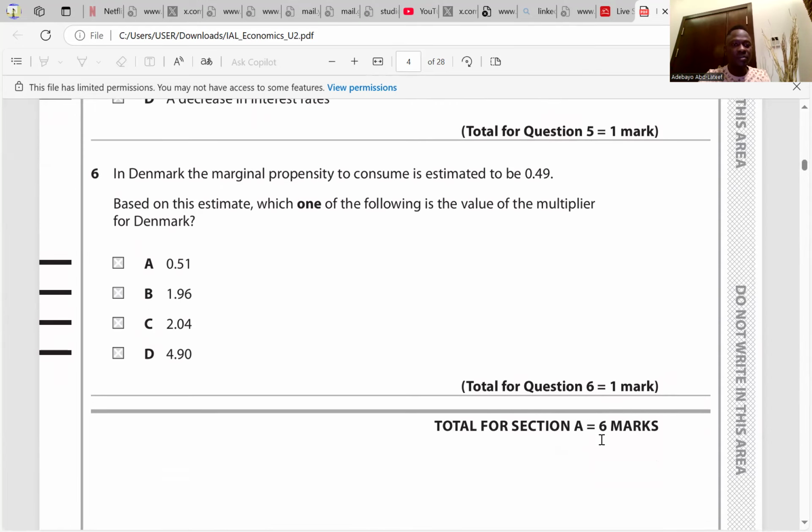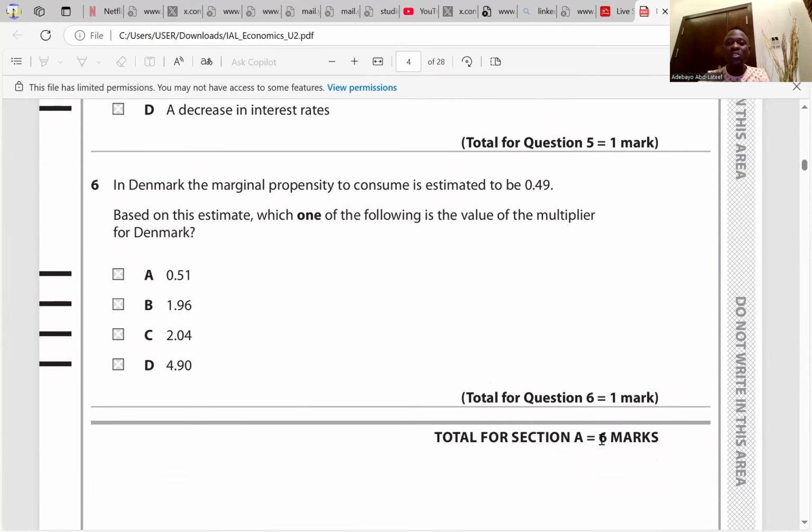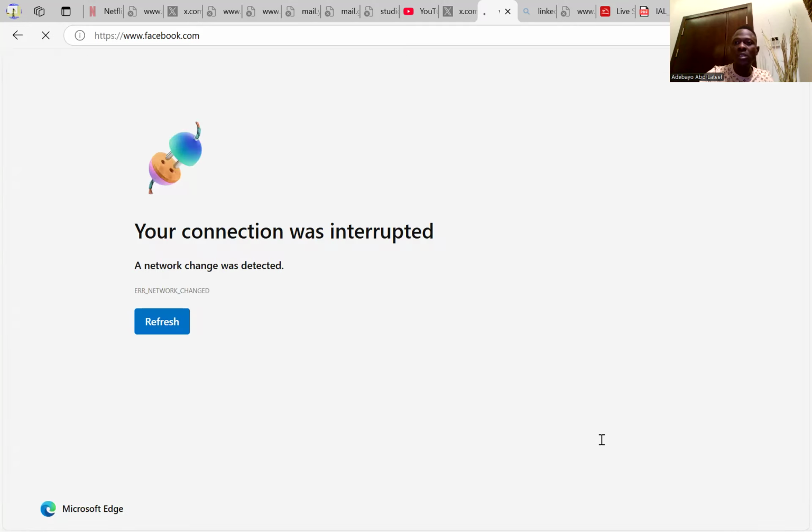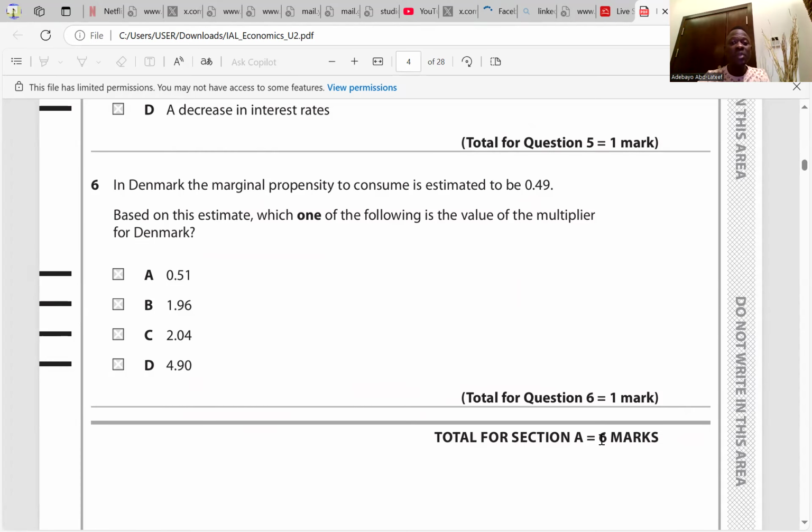Question 6. In Denmark, the marginal propensity to consume is estimated to be 0.49. Based on this estimate, which one of the following is the value of the multiplier? The formula for the multiplier is 1 divided by 1 minus MPC.